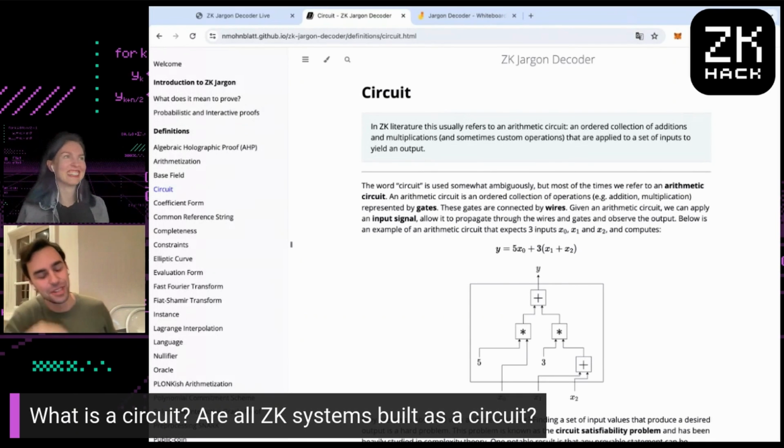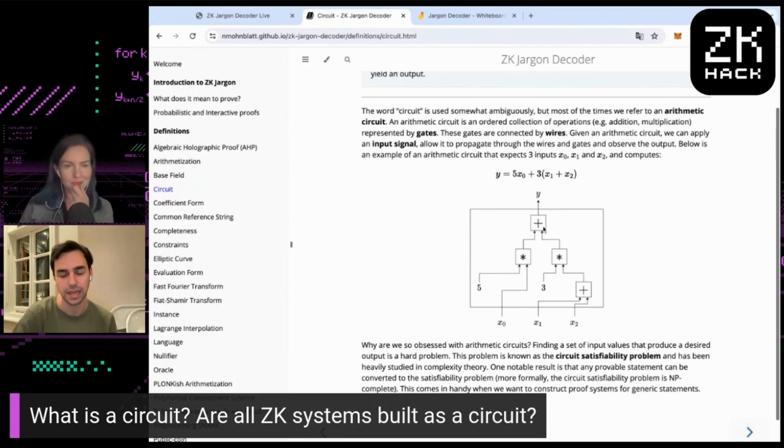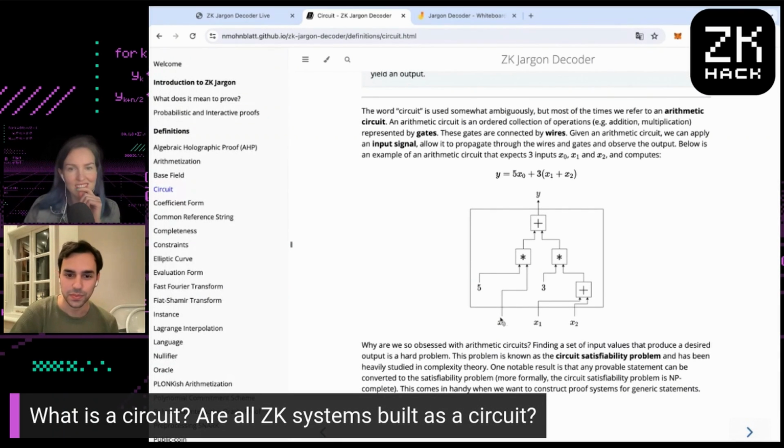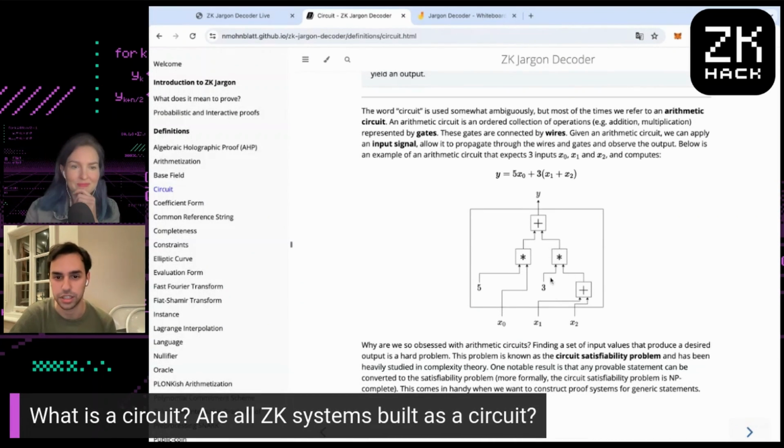So circuit, usually we mean arithmetic circuit. So it's like an ordered collection of additions and multiplications. This little diagram shows you the circuit. So we have at the bottom these inputs, x0 to x2. We have up here a single output to our circuit, y. And we see there are some built-in gates, these multiplications and additions, and you can even have hard-coded values inside it.